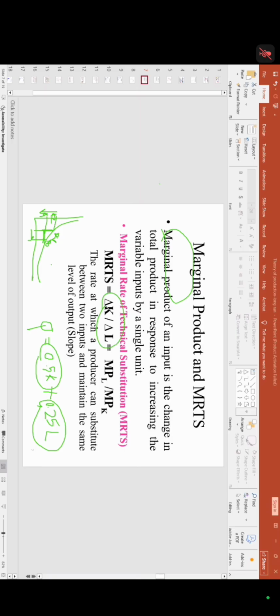So yes, the answer that you obtain from the MRTS is the slope here. So that is the slope. Okay, it explains how much percentage change in your capital or labor is needed to produce this much output.